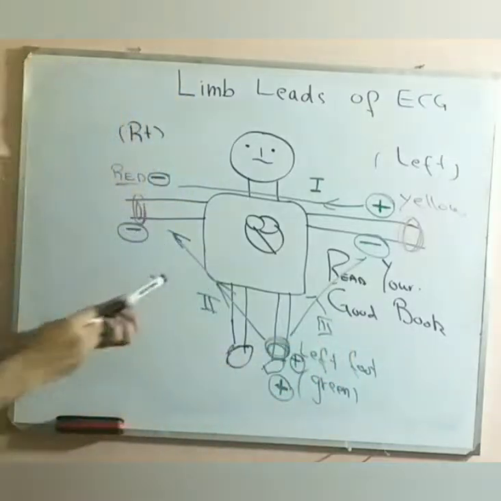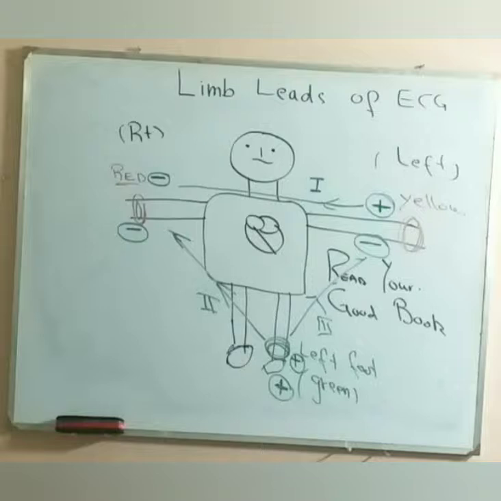So initially he devised three limb leads. These were bipolar. These were looking towards the heart in a frontal plane. So it's lead 1, 2, and 3. These are three initially devised bipolar limb leads having two poles, one positive and one negative. Lead 1 had a positive pole on the left arm and a negative pole on the right arm.